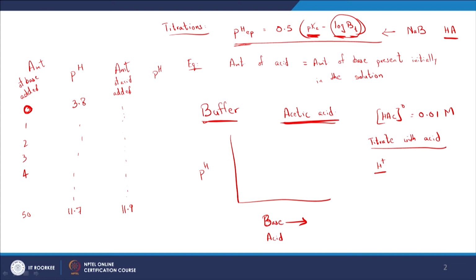So what are we adding here? Earlier we were adding HAc initially, but to be able to start with a pH near 11.7, we are now adding NaAc base and also NaOH, right.